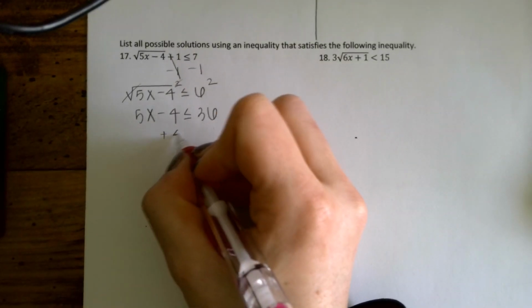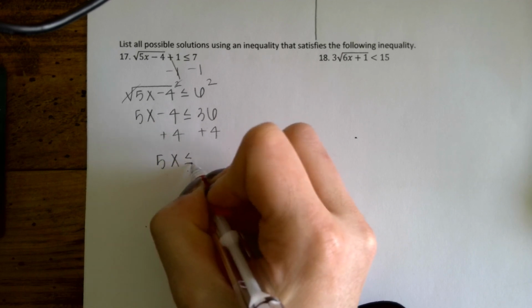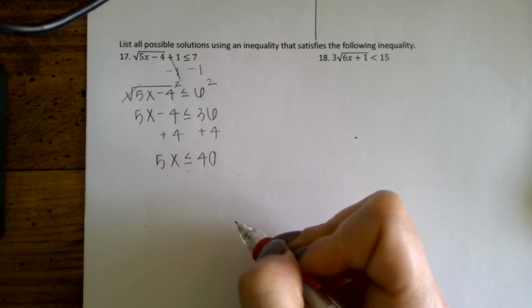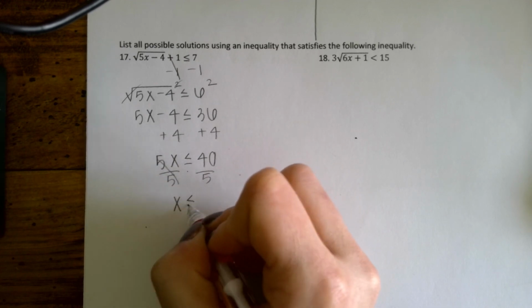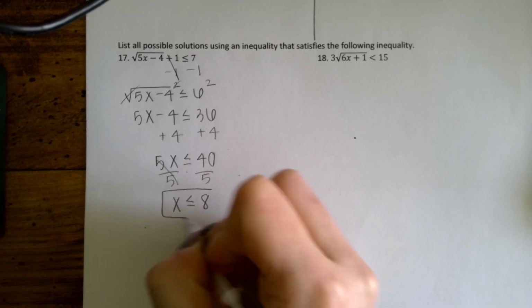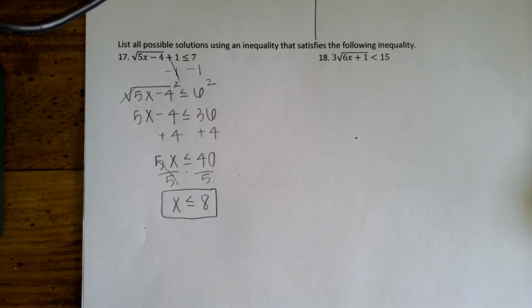From here, I'm going to add 4, and I have 5x is less than or equal to 40. Dividing by 5 gives me x is less than or equal to 8. Now this is half of my answer. In order to check this time, we are not going to plug back in.